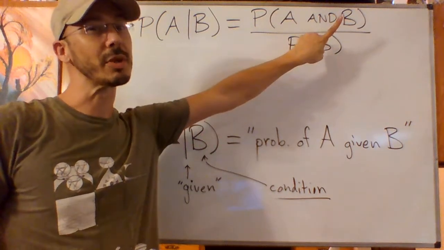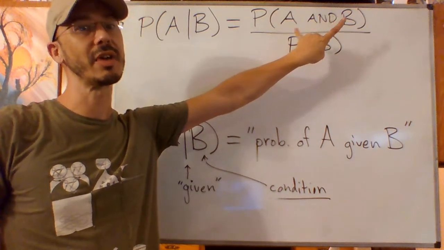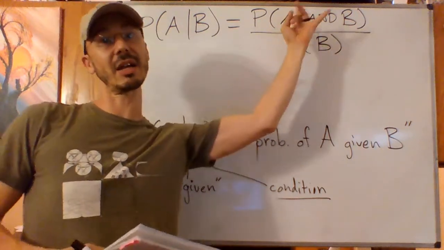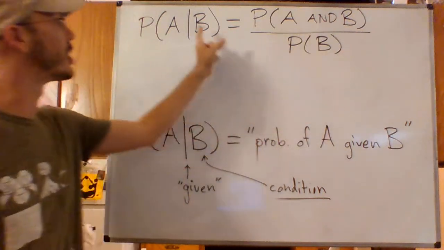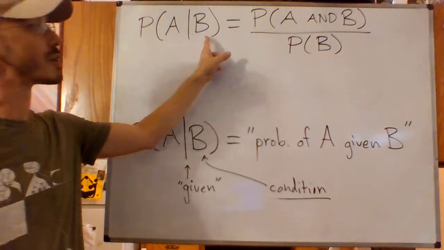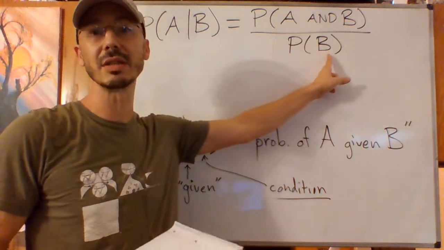This numerator is a little bit flexible because you could have the probability of A and B or the probability of B and A. If they're in the reverse order, it doesn't make a difference there. But the condition is always the probability in the denominator.